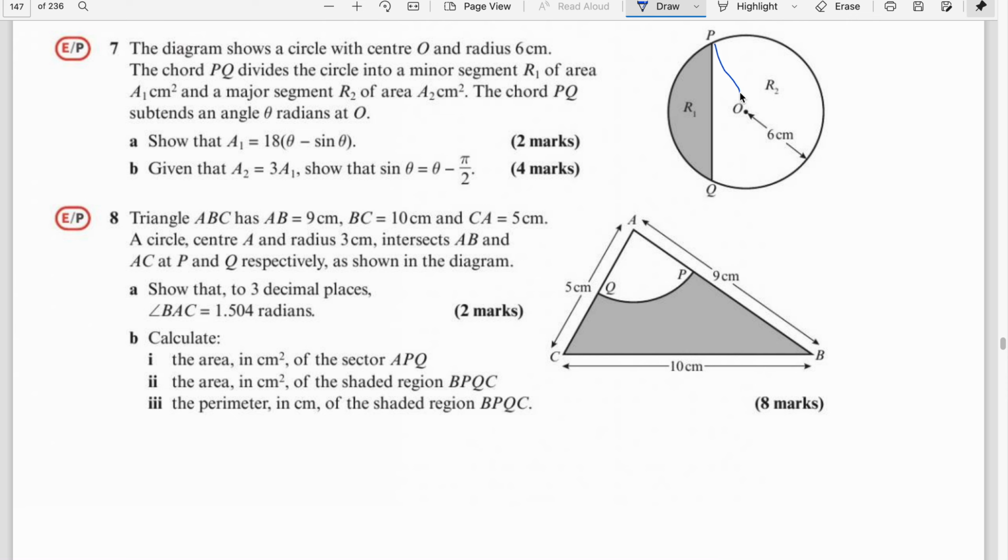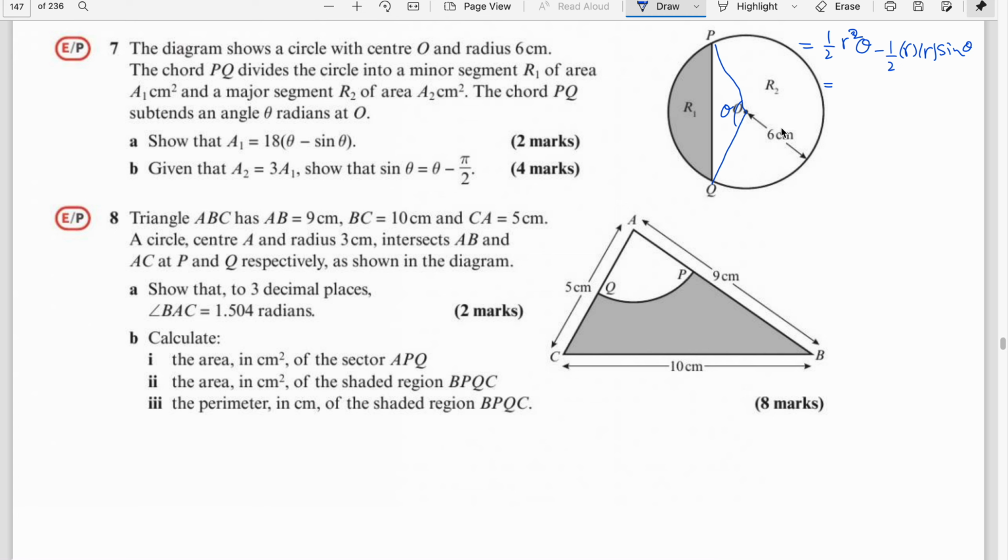Okay, so this angle right here is theta, and we are talking about A1, that is this R1 shaded area. So this is basically this complete sector minus the triangle. The complete sector is 1 by 2 r squared theta minus 1 by 2 ab sine C, which is again r into r, and sine of the included angle is theta.